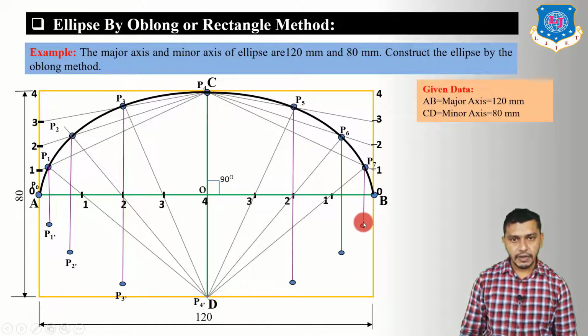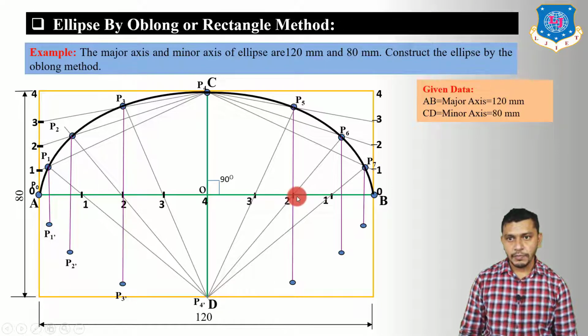Now we have to measure P7 from this intersection point, and mark the point at the same distance below the major axis, and we will get this point. Same here, we measure P6 from this intersection point, and mark the point at the same distance below the major axis.